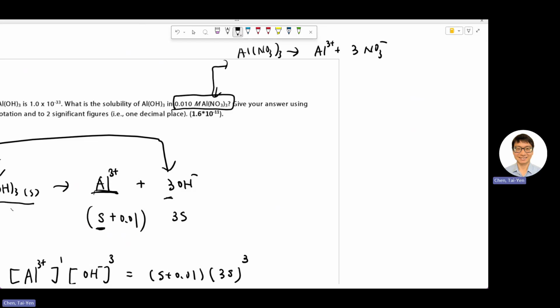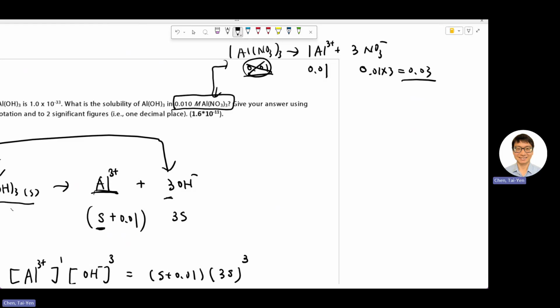And then you have Al(NO3)3 with this concentration to start with, and you know all of them will dissociate. Because the coefficient ratio is 1:1 for your aluminum, this guy will be fully consumed because you dissociate 100%. Then you produce that much Al3+ and that much NO3-. These are the species you are going to have inside your solution.